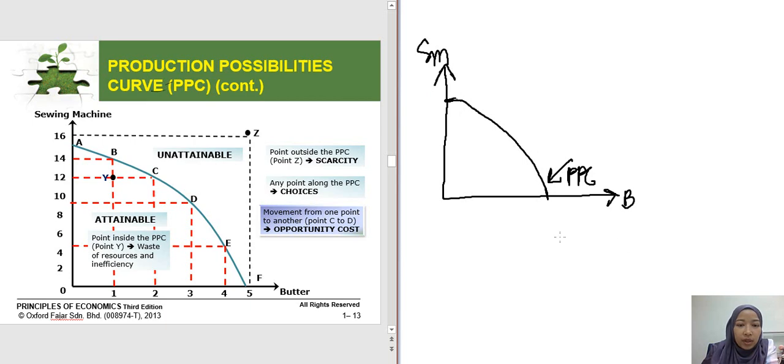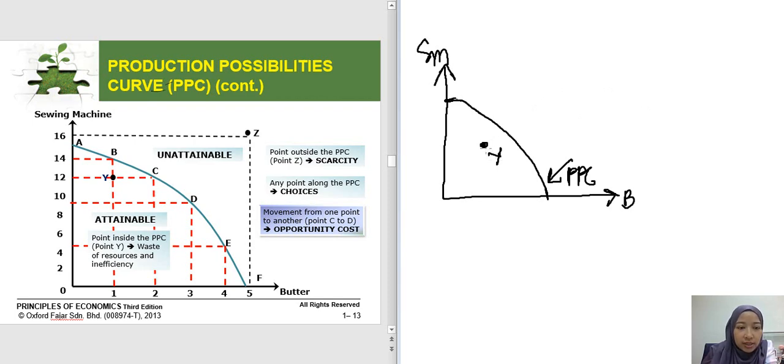But what happens if there is production below the curve? Let me do a proper point. Let's say there is a point here, a point of production, I put it as Y. Point Y is what we call an attainable production.